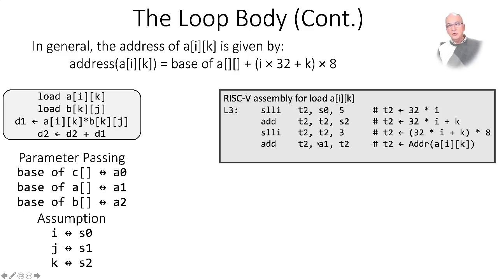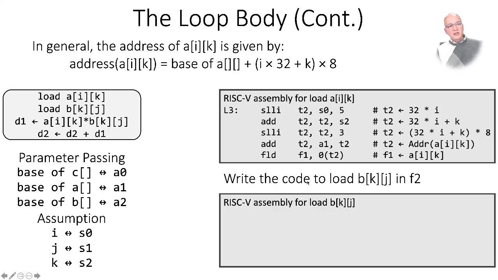And then I have to do a load from that address, but it's not a load word because that's a floating point number that has 8 bytes. It's a double. So the instruction to do that is float load double, FLD, and I provide the address and the register. It will put the value into the register F1.